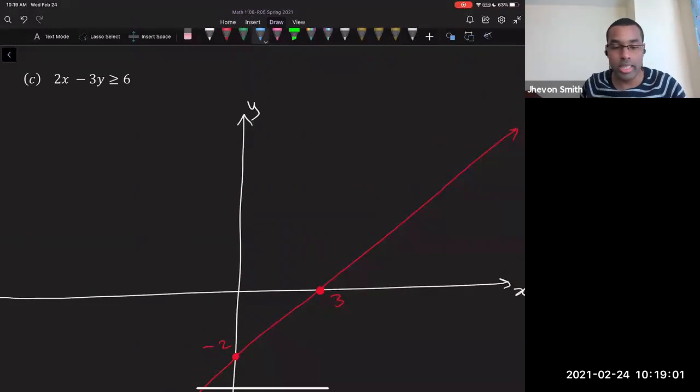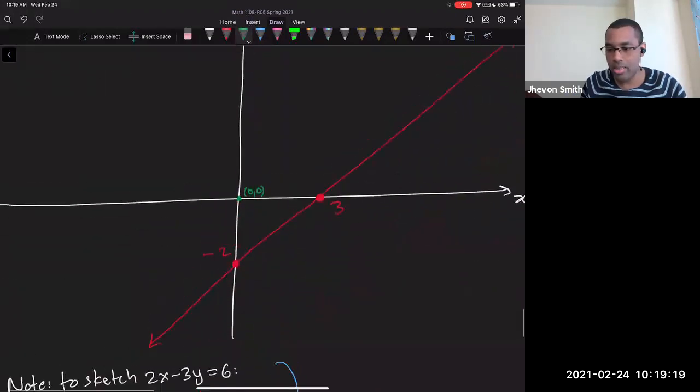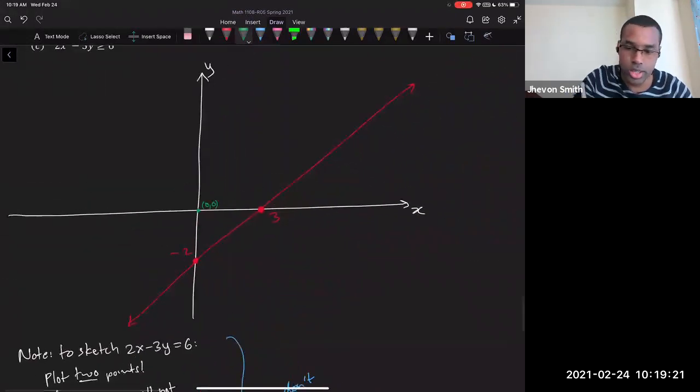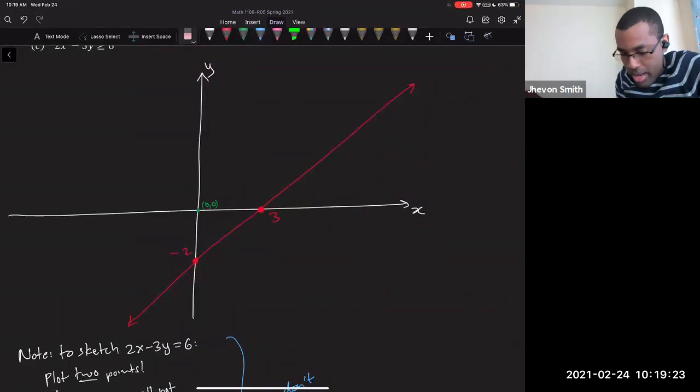Another way to realize this is to plug in a point, say the origin, 0, 0. If I plug this into the inequality, I would get 0 is greater than or equal to 6, which is not true, which again tells me I should shade to the right. So the solution is to the right.